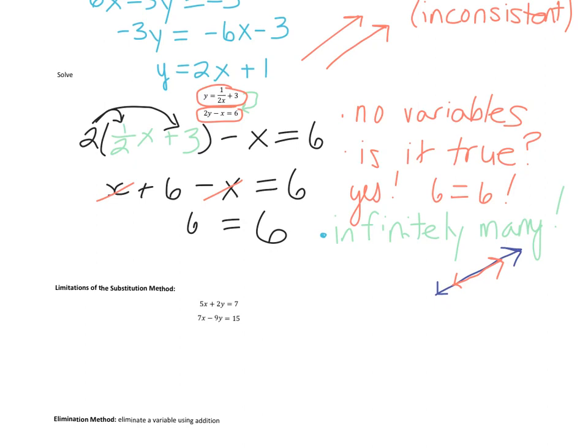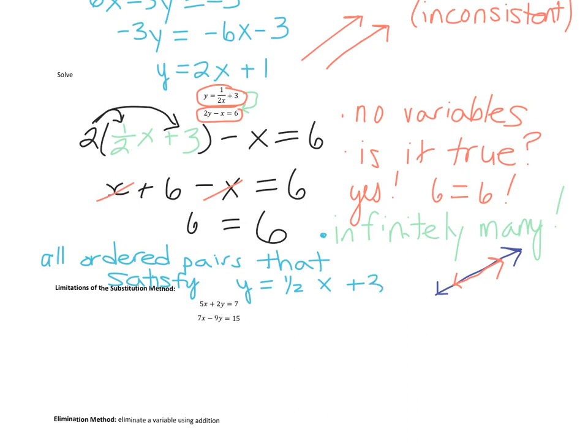You guys can also write something like the solution is all ordered pairs that satisfy one will satisfy the other. All right, there you go.